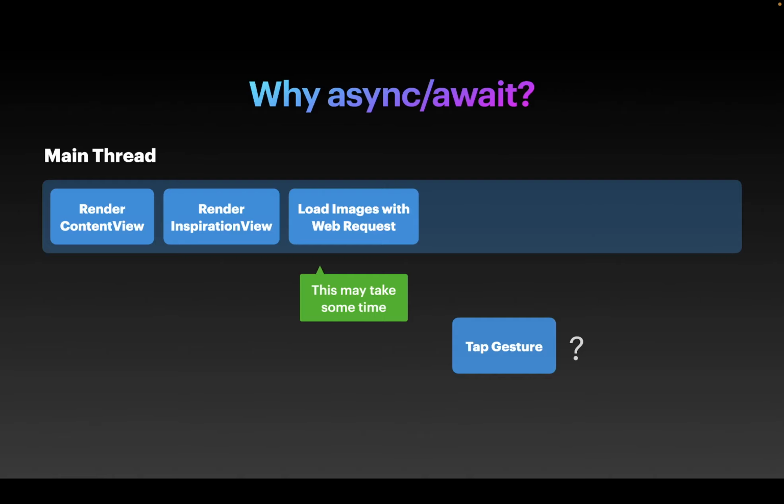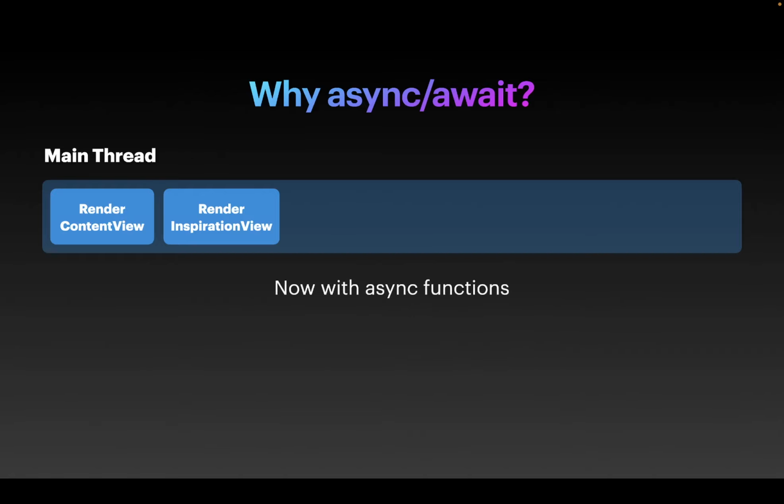At that time, when the user tries to close that view or scroll, your UI is frozen. It can freeze your UI, so that's a problem when everything is running in one single thread. Now, let's imagine we have some function which calls async functions.